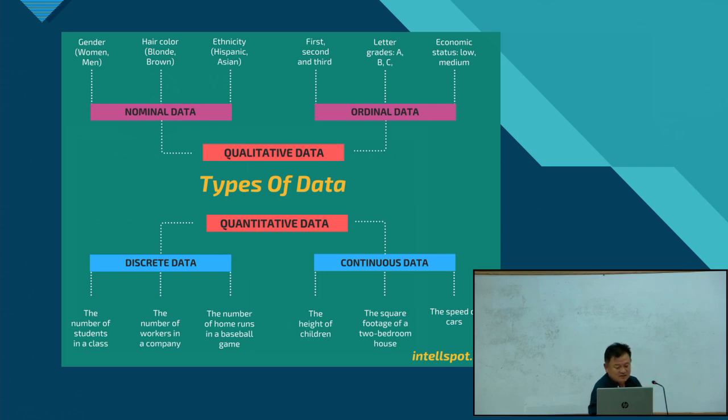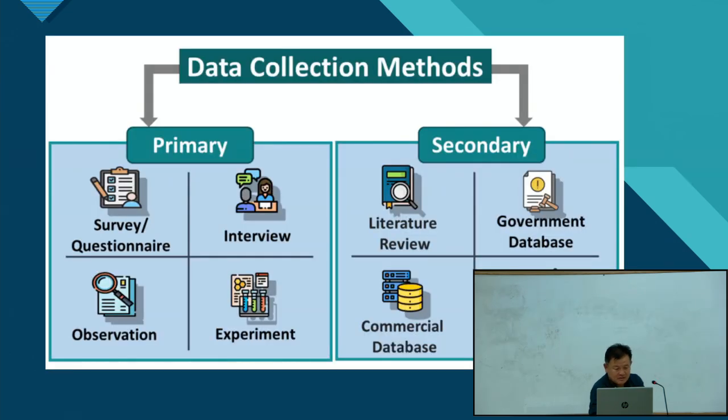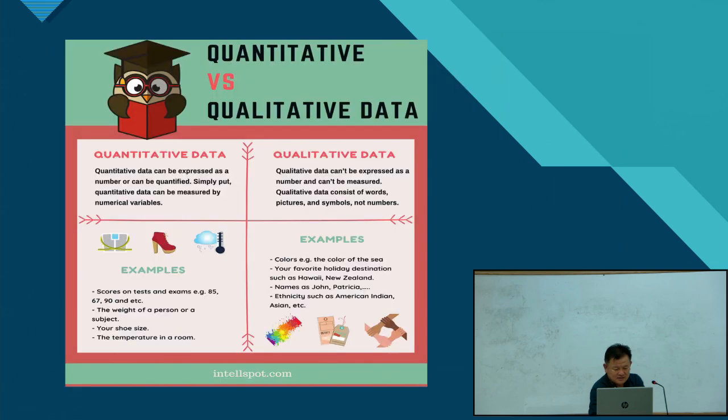All of these are quantitative data. There are two kinds of type of data, something like that. And these pictures compare examples of quantitative and qualitative. Very simple.